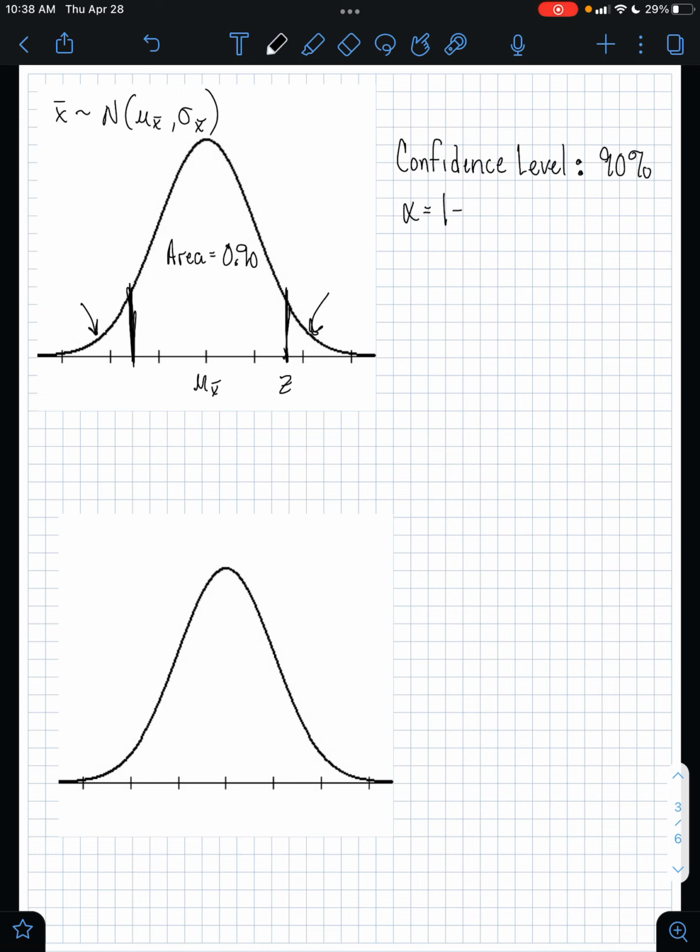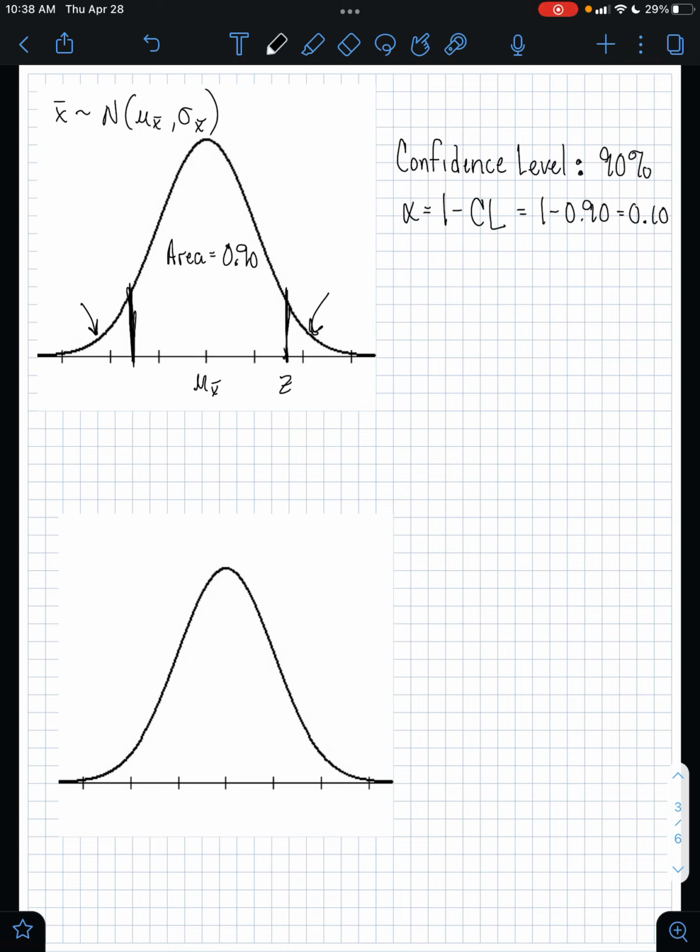That's what alpha is. Alpha is the complement of our confidence level. The idea is, if the confidence level is the probability that the population mean is within however many standard deviations of x bar, then alpha is the probability that it's not within it. Alpha is the probability that we missed, basically.